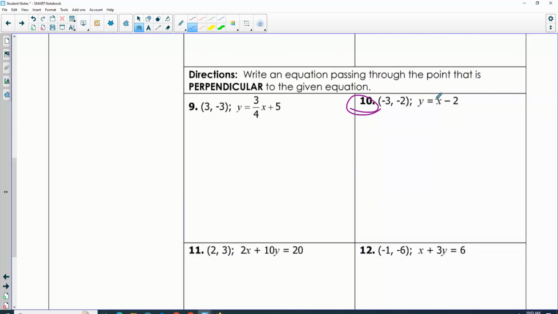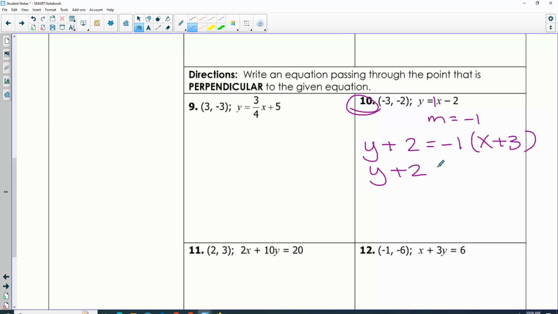Number 10. This is a slope of 1. Perpendicular says you flip it and change the sign. What does that give you? Negative 1. It's like 1 over 1. Flip it, it's still 1 over 1. So our equation, y minus negative, so plus 2, equals m, x minus negative, so plus 3.